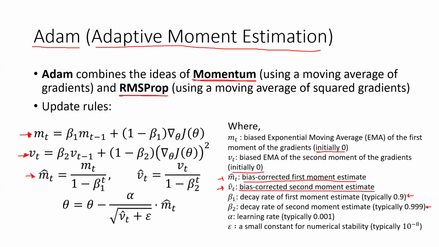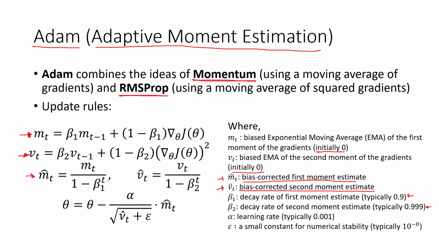If t is equal to 1, in the first iteration, it would be like 0.9, so 1 minus 0.9 is 0.1, and mt is divided by 0.1.